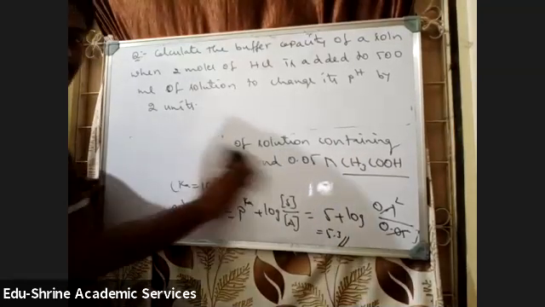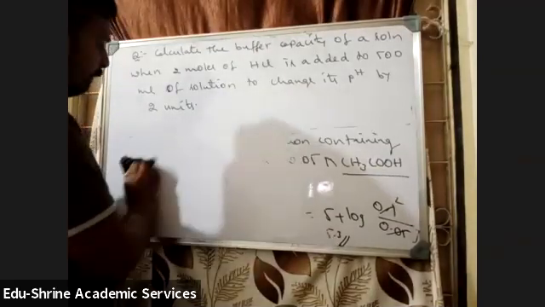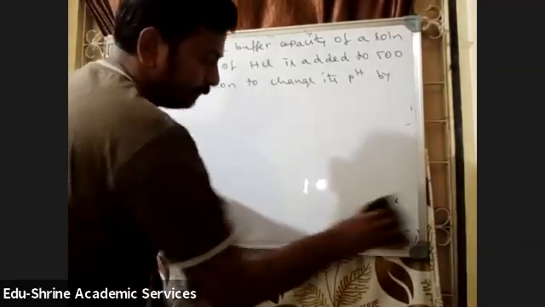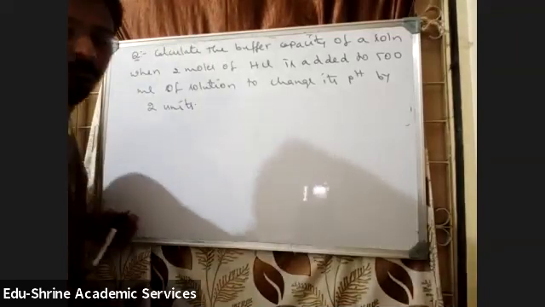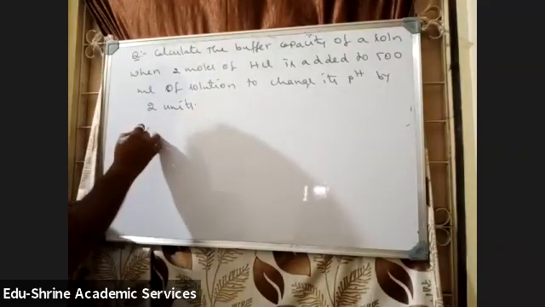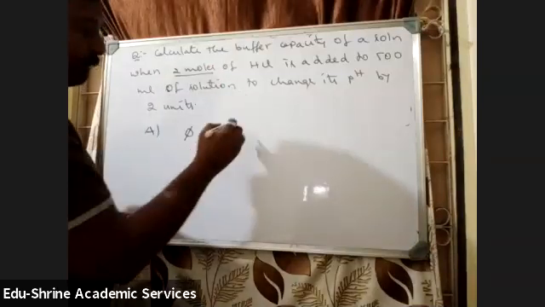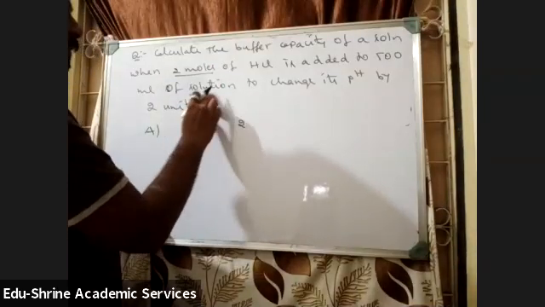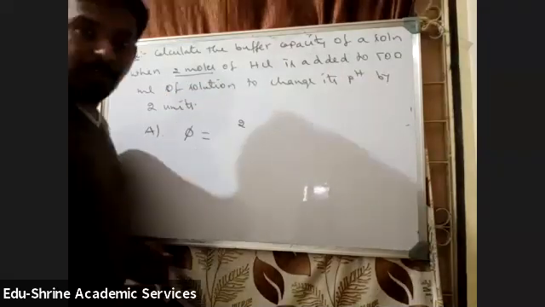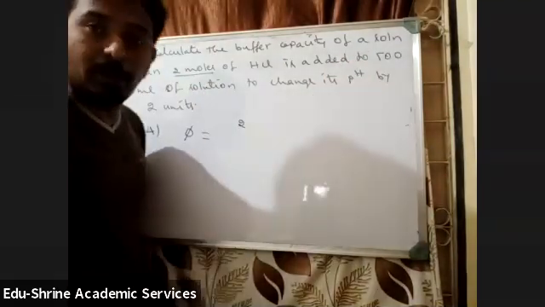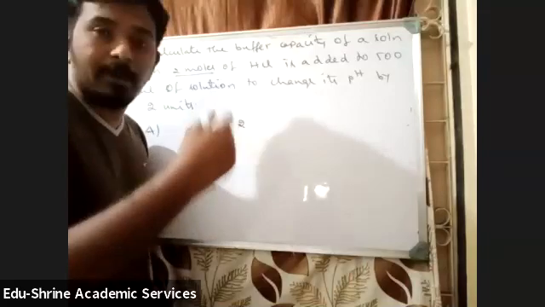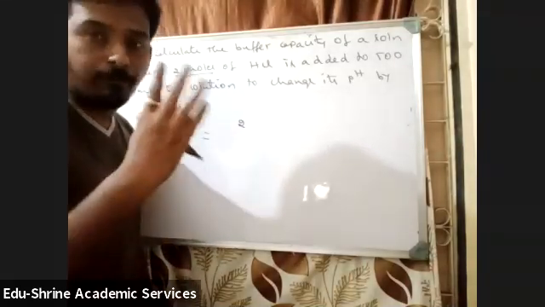That is the question. Tell me, students, what will be your buffer capacity? Very simple. How many moles of acid are you adding? 2 moles, for 500 ml of solution. If for 500 ml you are using 2 moles, then for 1 liter you need 4 moles.